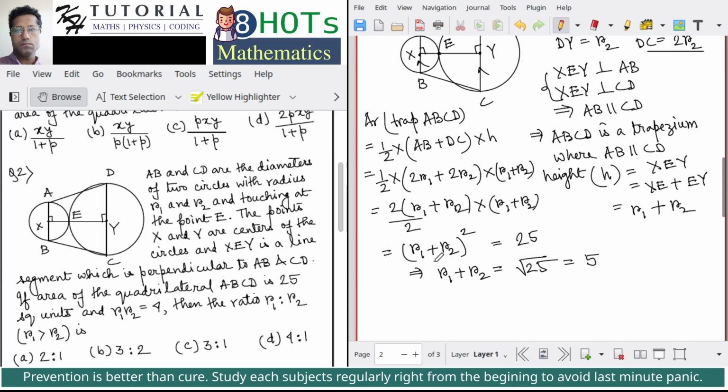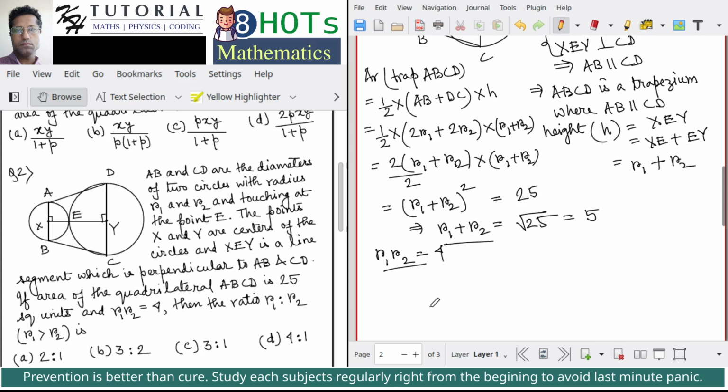It is asking for the ratio of R1 is to R2. R1 into R2 is given as 4. Now, if you know R1 plus R2 and R1 R2, then from algebraic identities I can find R1 minus R2. R1 minus R2 whole square will be equal to R1 plus R2 whole square minus 4 R1 R2.